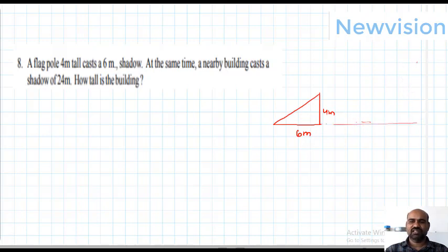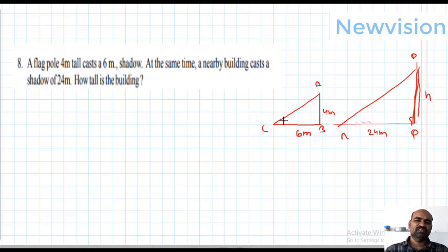A building is there. It also makes a shadow of 24 meters. You want to find the building height H, so you want to label it. The important thing is these two angles are the same, as I already clearly mentioned.